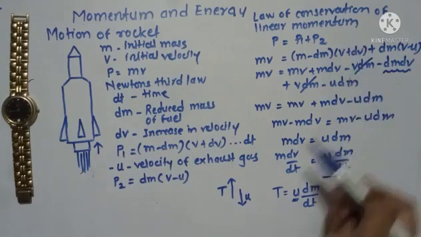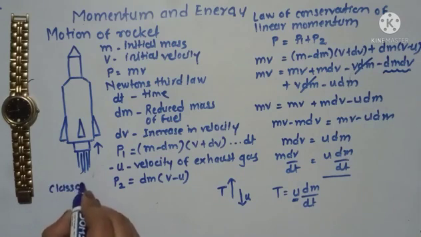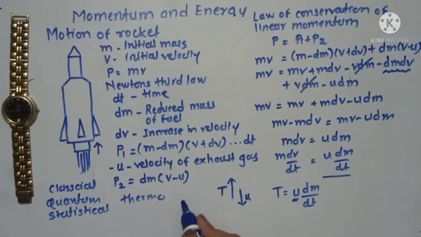So these conservation laws are used in classical mechanics, in quantum mechanics, even in statistical thermodynamics. Everywhere these conservation laws are used to deduce the equations of motion of different physical systems.